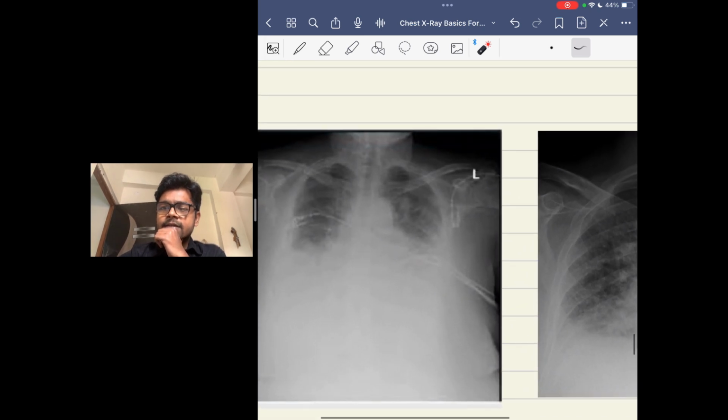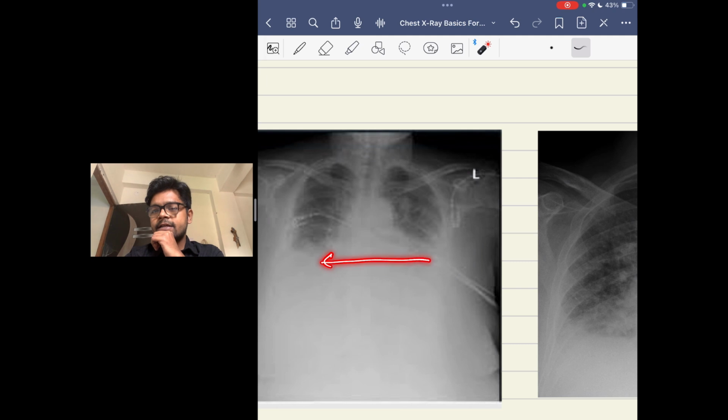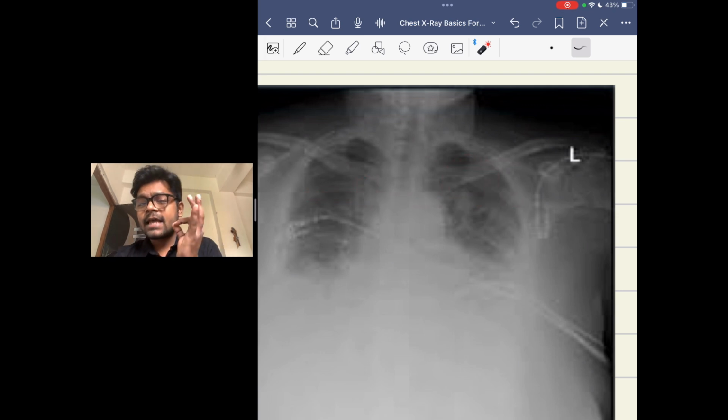Now let us see other X-rays also. This is a classical example of pulmonary edema due to heart failure. How do I know that? Because the angles cannot be seen, so there is bilateral pleural effusion. The heart size is definitely increased, though not well visualized because of these opacities bilaterally, and there is hilar congestion also. If you zoom in, there will be some upper zone predominant dilatation of the vessels in the early stage.